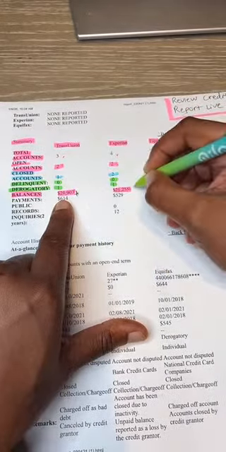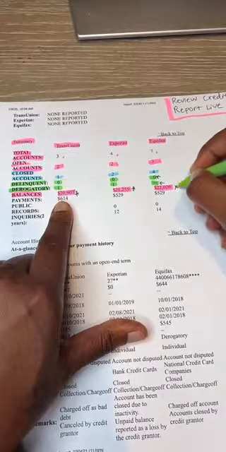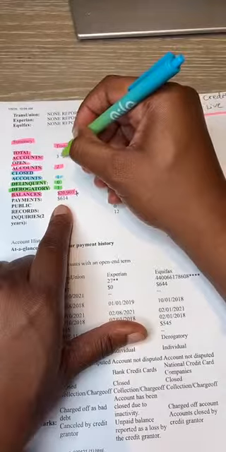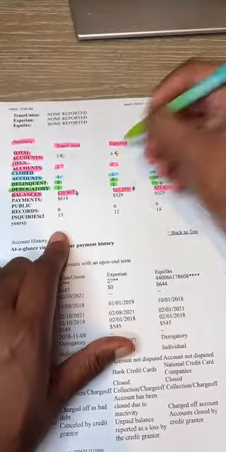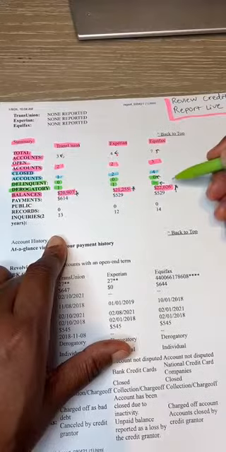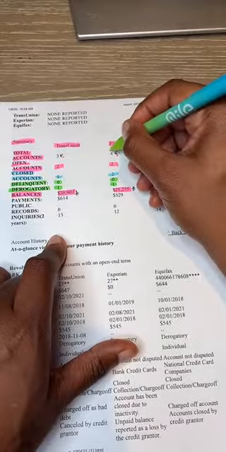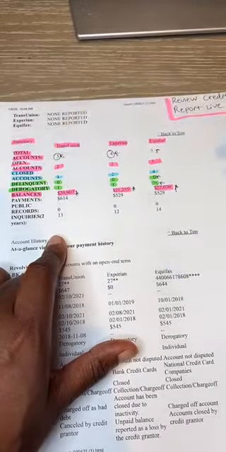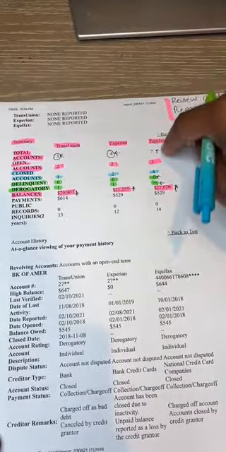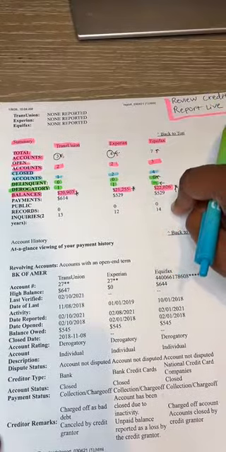Why are these 3 numbers different? This pulls the amount from each of these. So if each of these numbers up here are different, then this number is going to be different, because it's pulling the total balance from the total accounts that are reported to the report. And remember, every account does not report to every bureau.